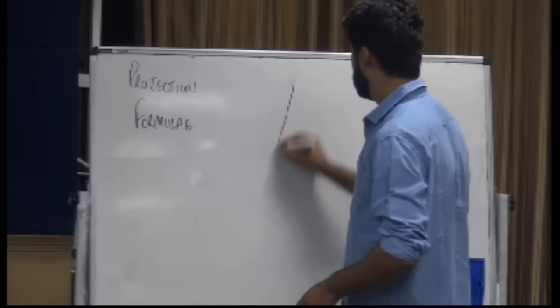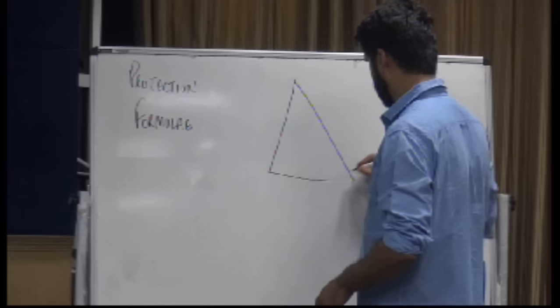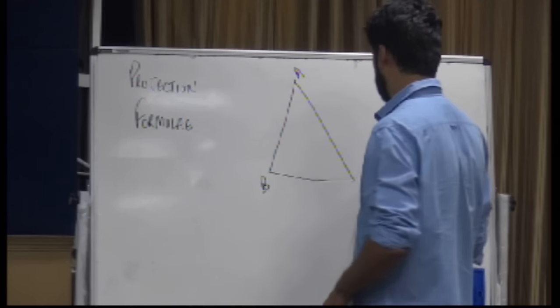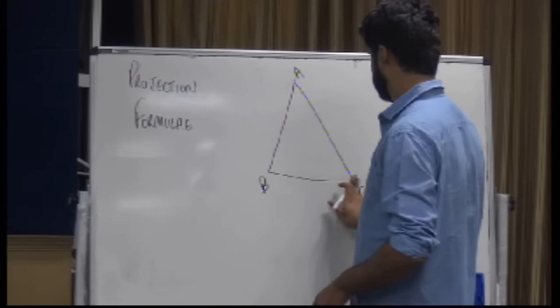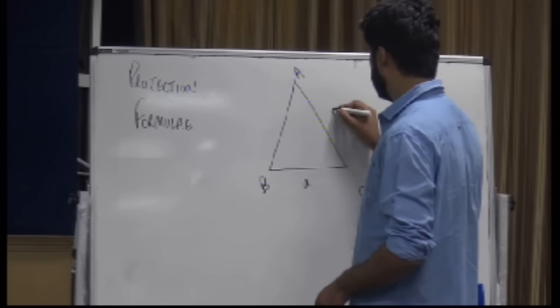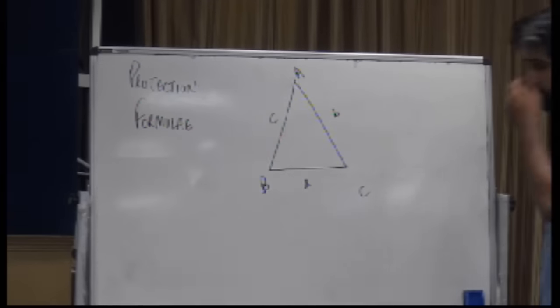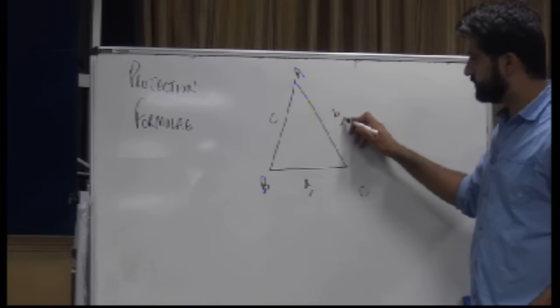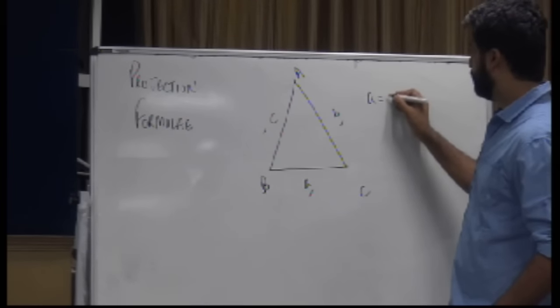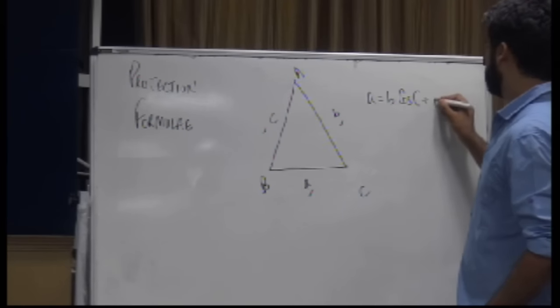So in the projection formulae, let's suppose these are the three angles A, B and C, three vertices, and this is the side A, this is side B, this is side C. I want to write the value of A in terms of B and C without including squares. Then A is written as B cos C plus C cos B.